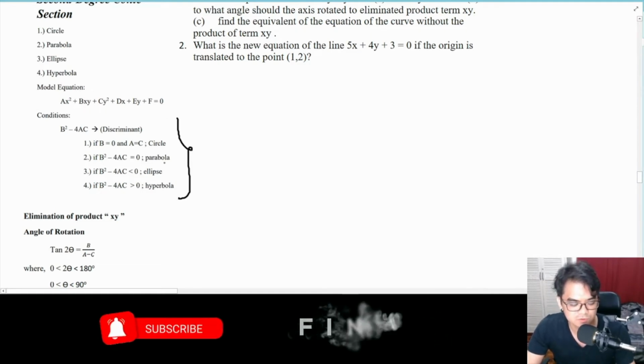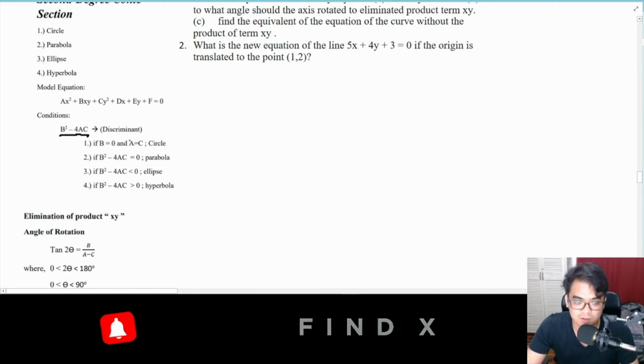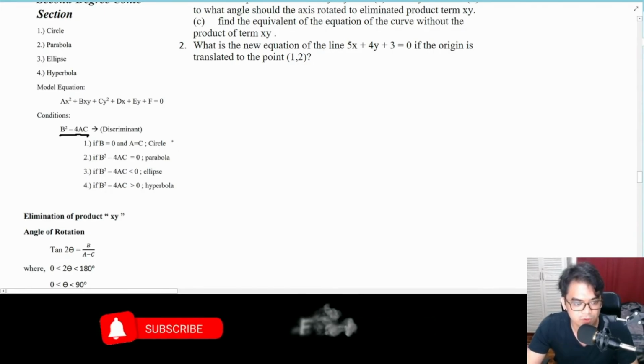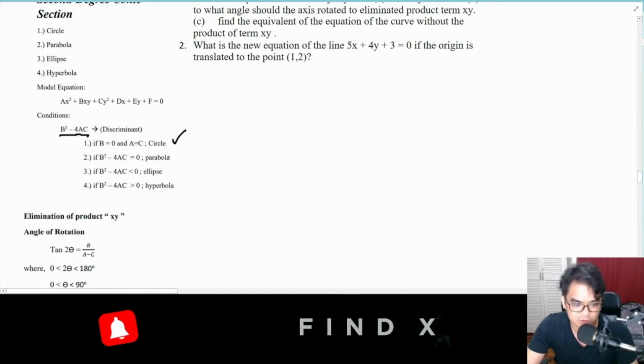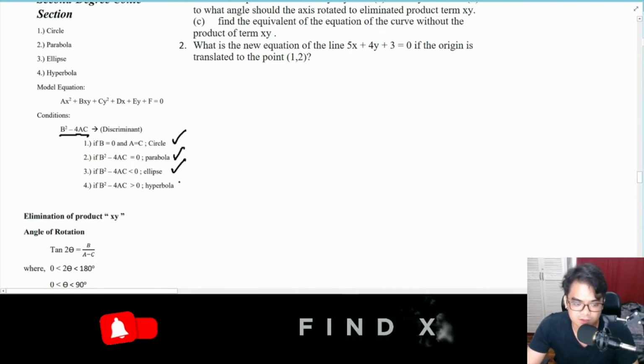So the conditions are, you will have a test of b squared minus 4ac, that is called the discriminant. So for number 1, if b is equal to 0 and a is equal to c, that will be circle. If the discriminant is equal to 0, it will be a parabola. And if the discriminant is less than 0, ellipse, and the hyperbola if it's greater than 0.